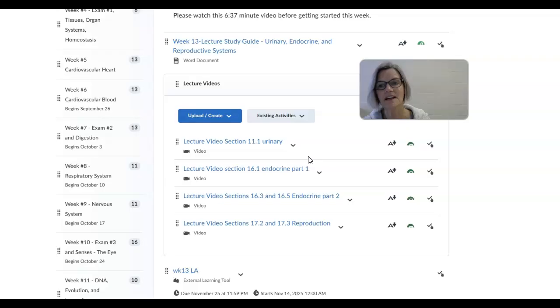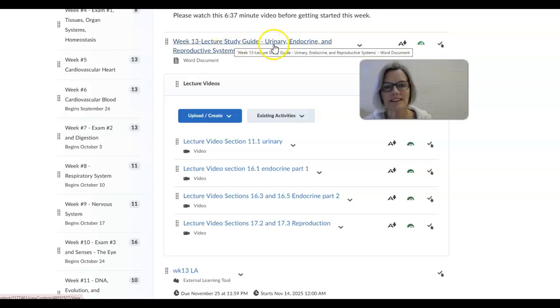But I know a lot of you are taking this course as a prerequisite for A&P. So I like to get a lot of the anatomy at least rolling around in your brain a little bit. So instead of completely covering urinary, endocrine, and reproductive, I mostly do the anatomy of those systems. You will notice that there's a lot of diagrams, and those diagrams will show up on your next exam.